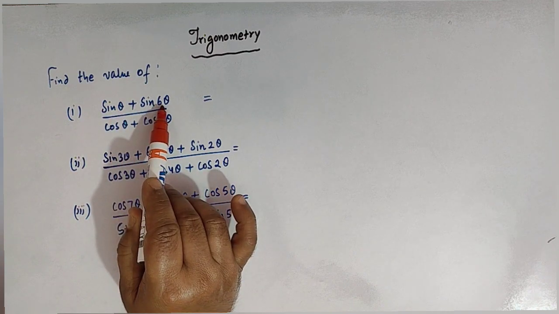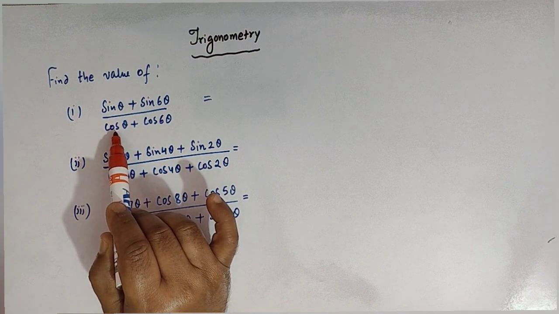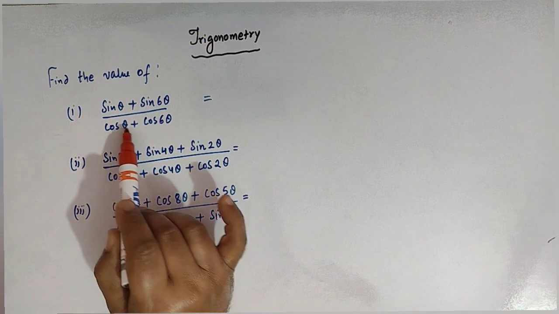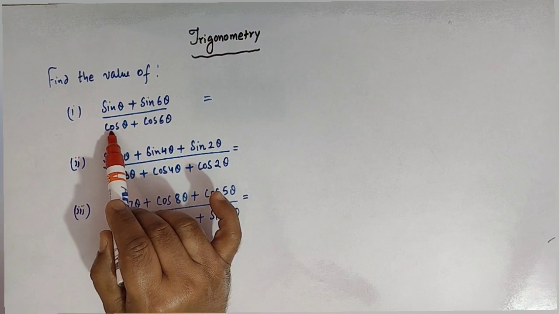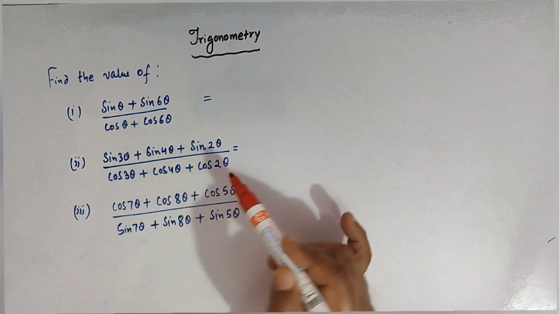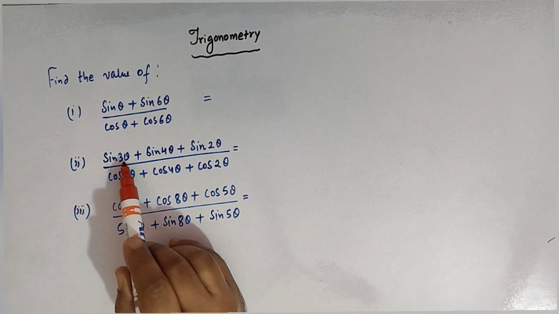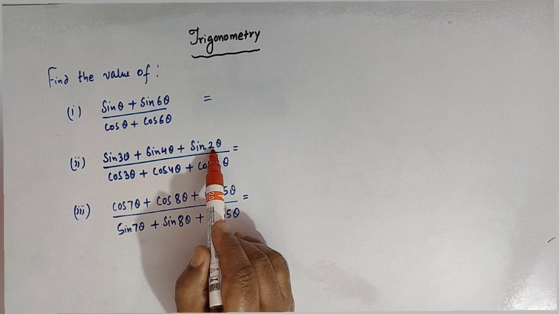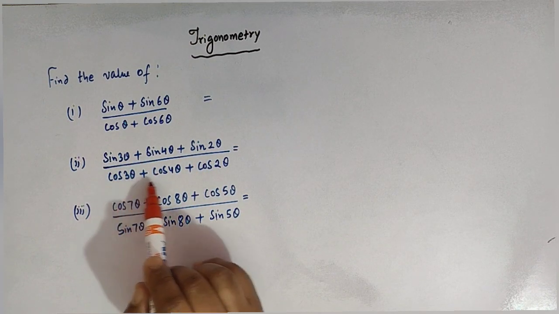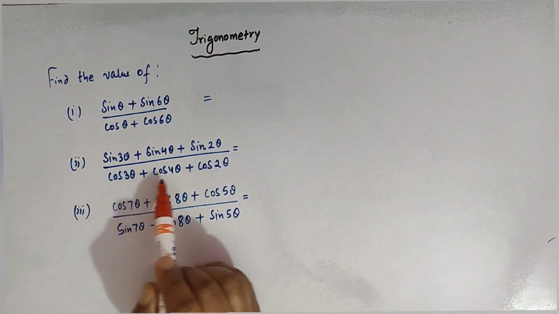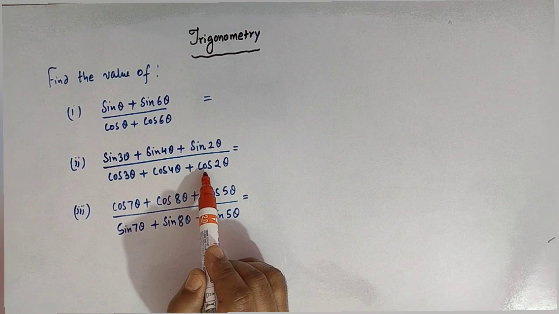And moreover here we have the angle theta. Here we have 6 theta, right? With the sine function, and in the denominator we have the same angles, that is theta and 6 theta with the cosine function. And similar is the case with these two expressions. Here we have 3 theta, 4 theta and 2 theta with the sine function, and in the denominator 3 theta, 4 theta, 2 theta with the cosine function, right?